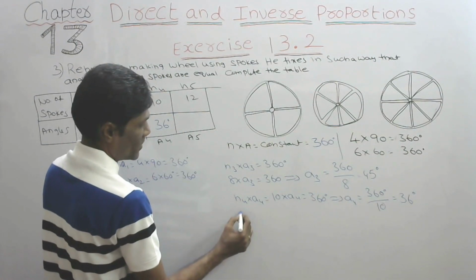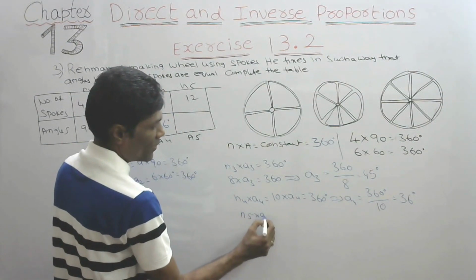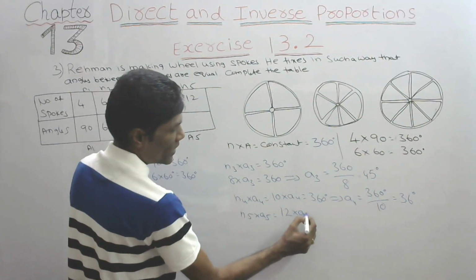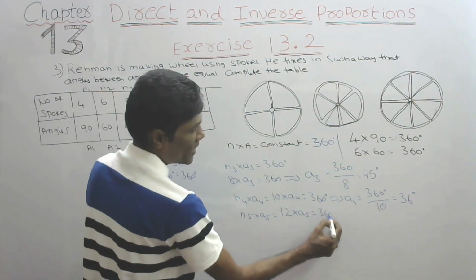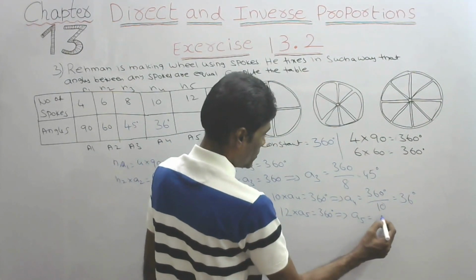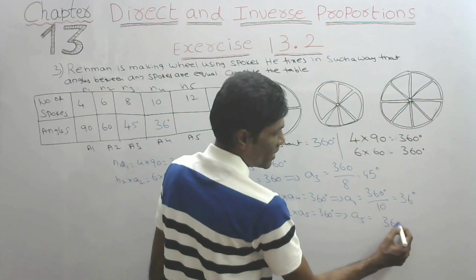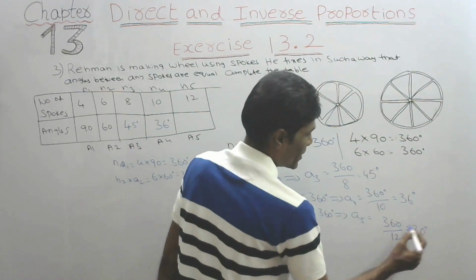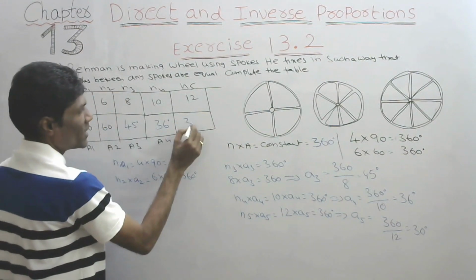Next, N5 into A5, that is 12. Now it is 12 into A5 equal to 360 degrees. That implies A5 equals 360 divided by 12. So that will be 30 degrees.